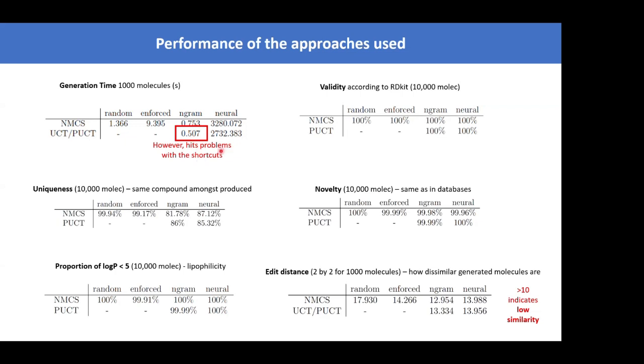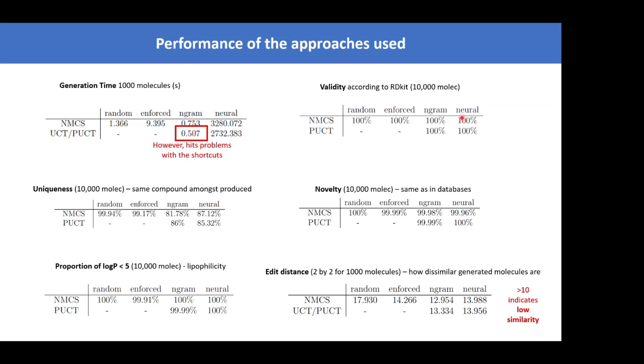So we had to restart the algorithm continuously, which started making it random. So we decided against PUCT and then focused on the n-gram. But you can see that either the n-gram nested Monte Carlo Tree Search or the PUCT were much faster than a neural network. Okay.